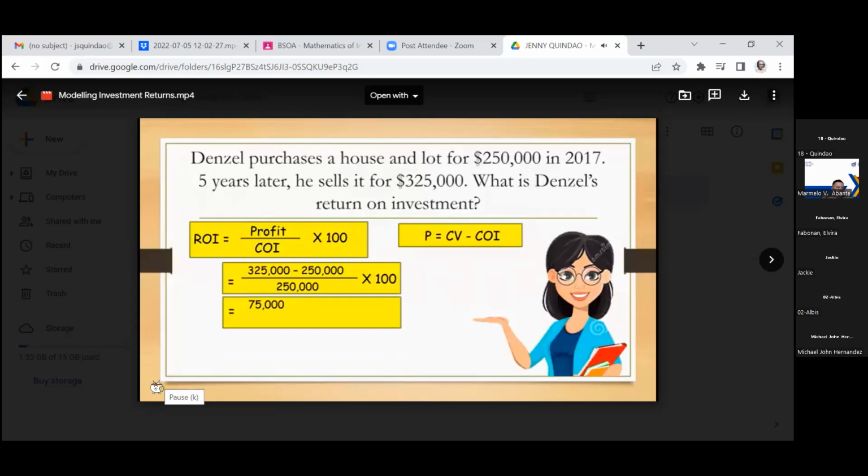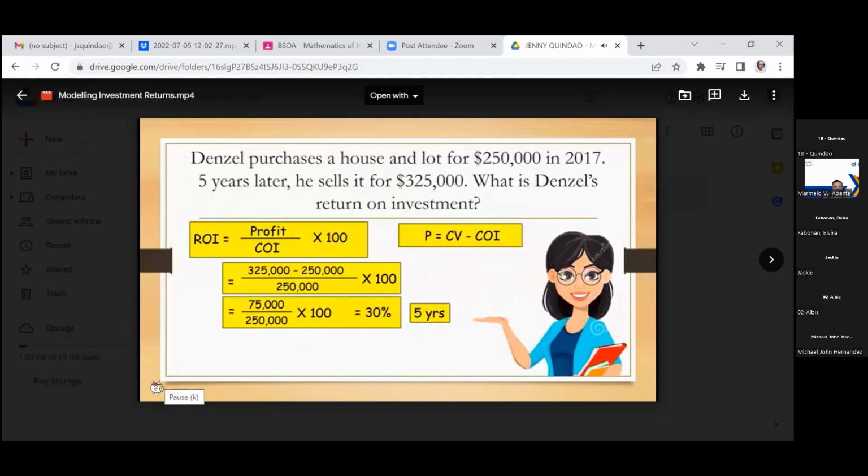So we get $75,000 as a profit, and then divide it by $250,000, which is the cost of investment, then multiply by 100. The answer is 30% for 5 years. So Denzel gets 30% of his investment over 5 years.